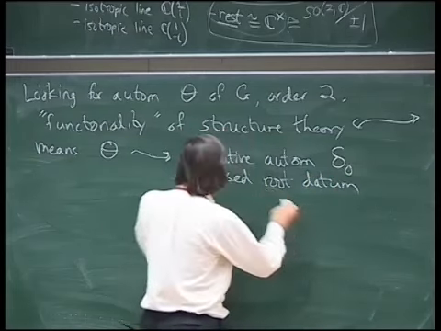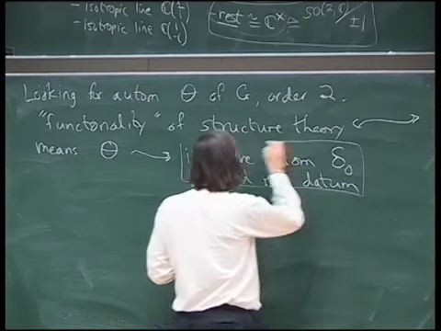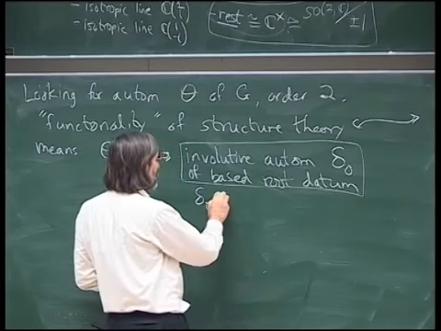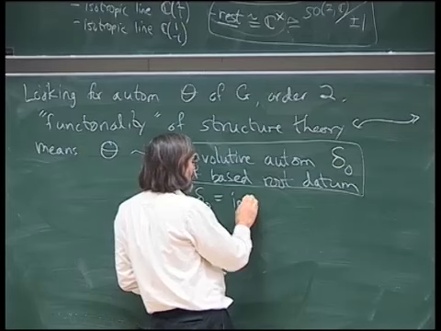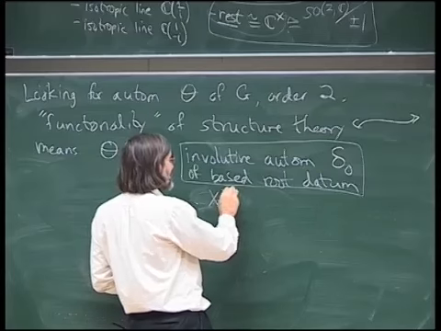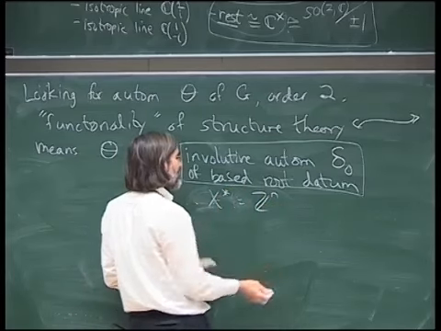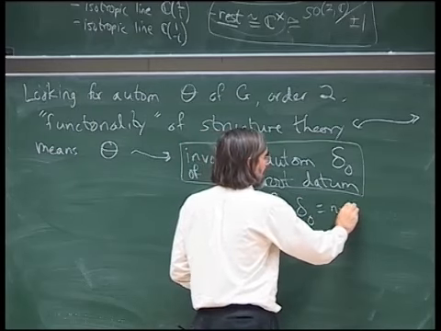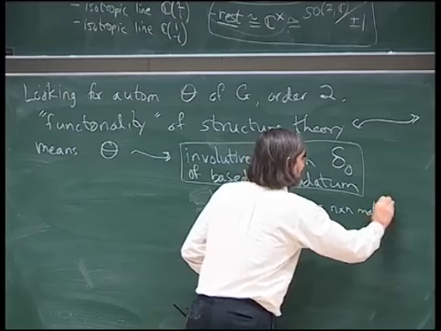If this X upper star is secretly Zn, then this delta 0 is an n by n matrix of integers.